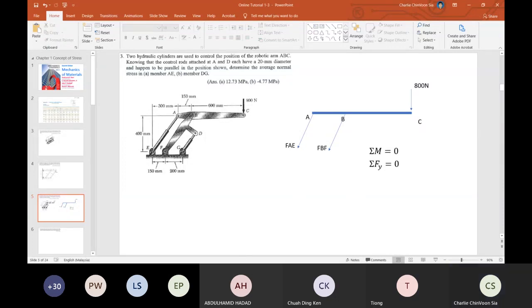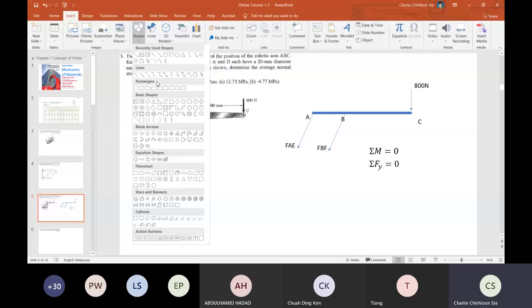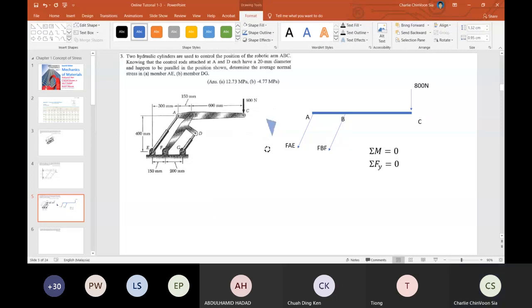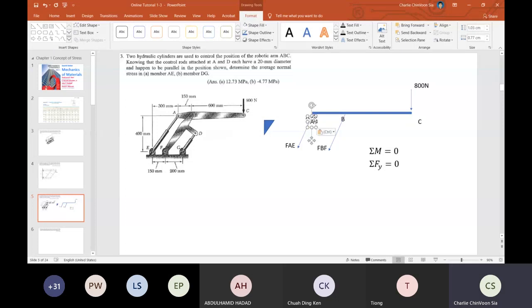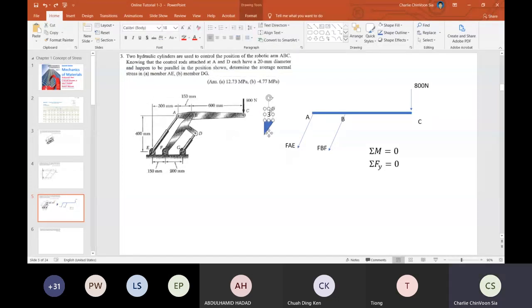Is it okay? Yes, understood. Because this one involves the angle, you need to know the angle.